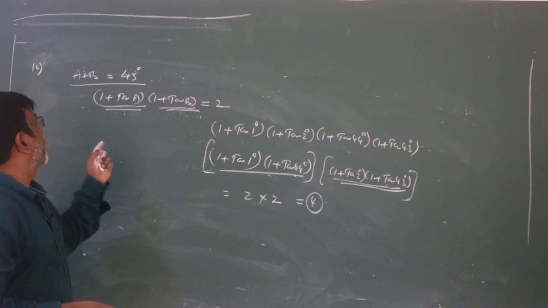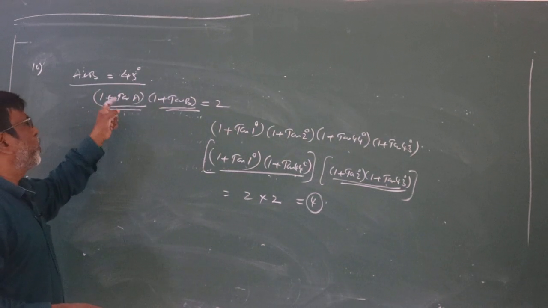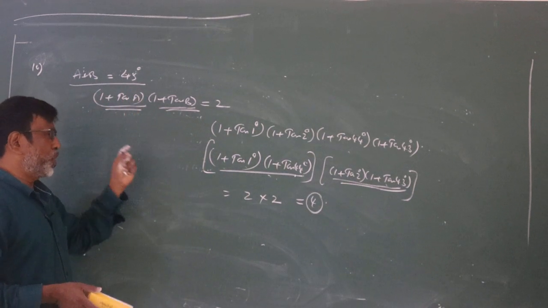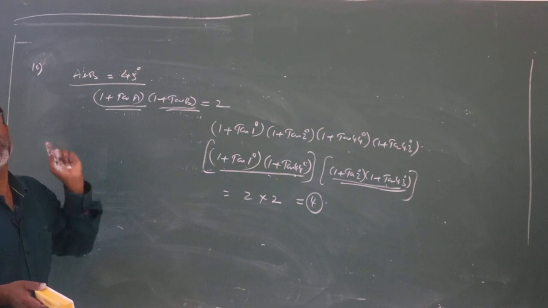So try to understand that. A plus B equals 45 degrees, 1 plus tan A into 1 plus tan B is 2. This is a very important shortcut for solving problems easily.